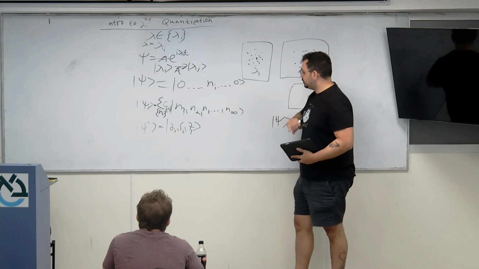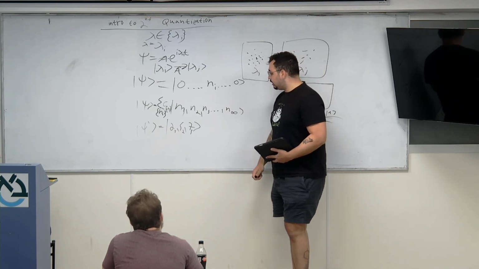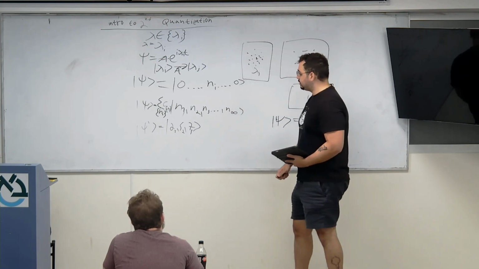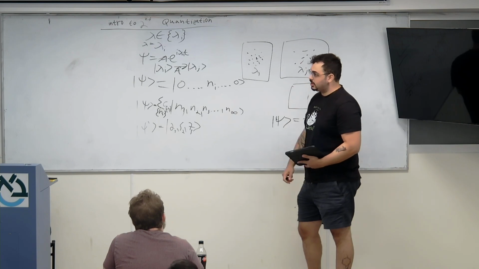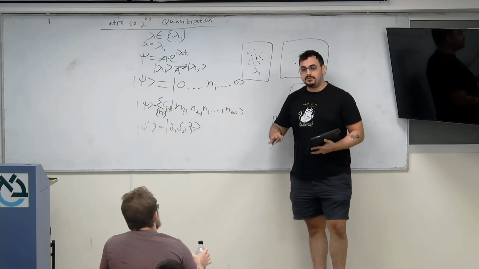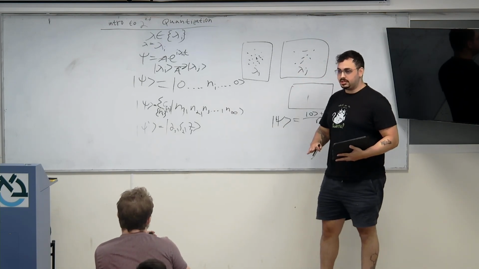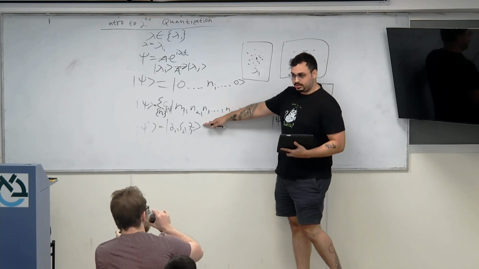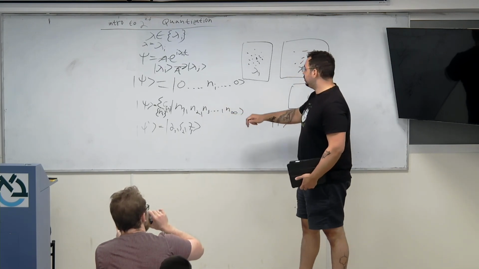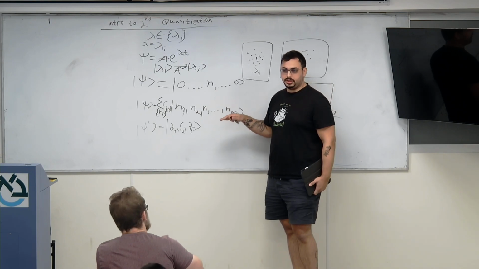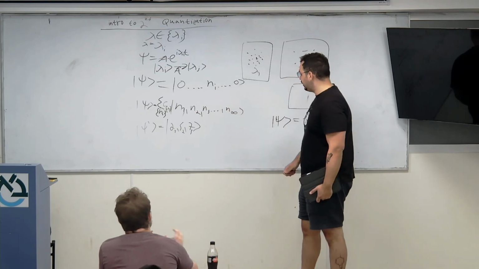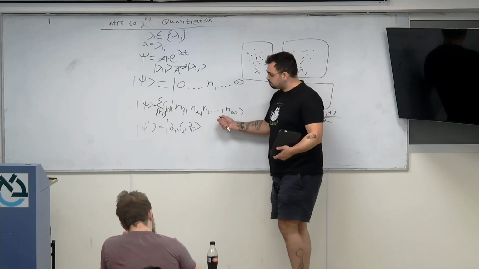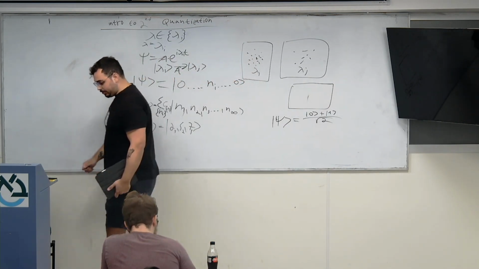This is the most general state in second quantization, and in fact, every state that you'll see in the course or in your work can be written like this. We call this the Fock state, or the number occupation state. Just a name that you should remember.